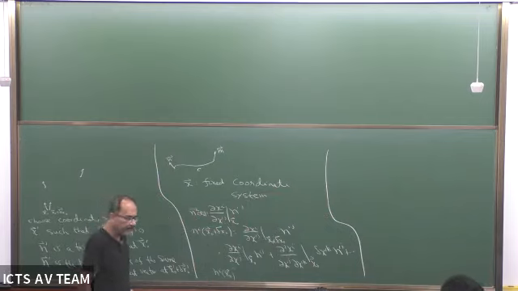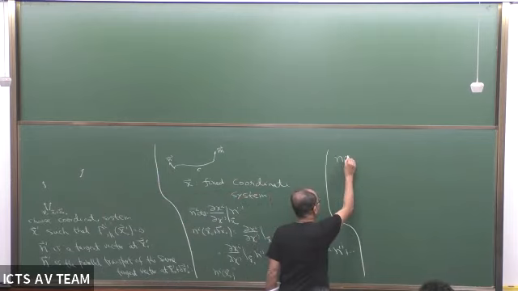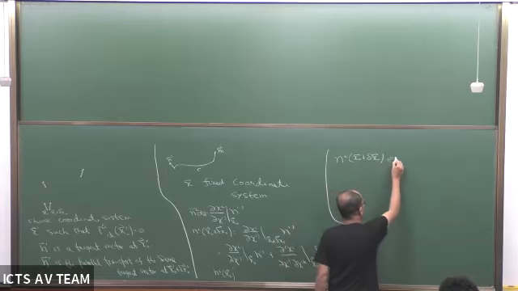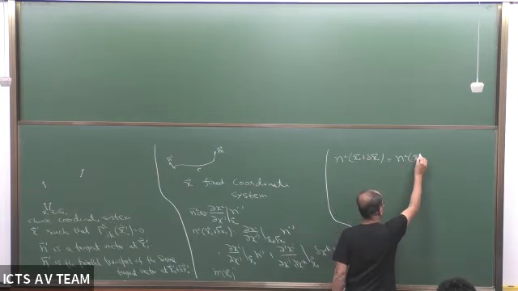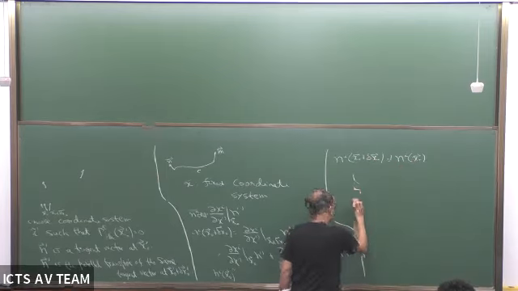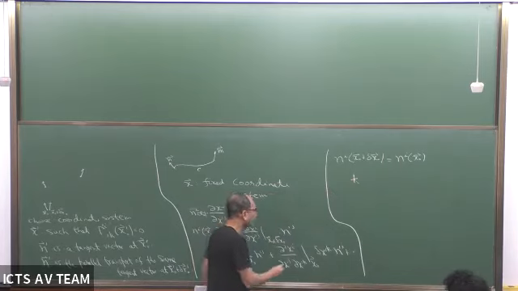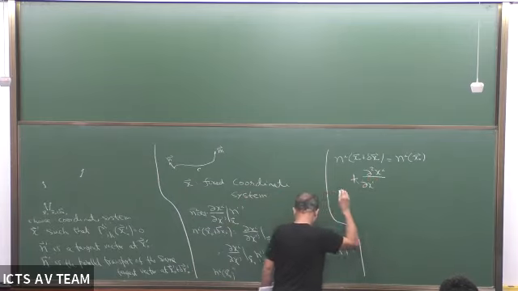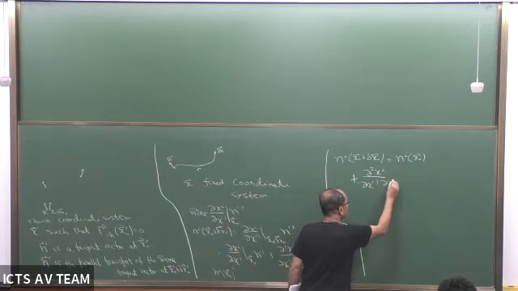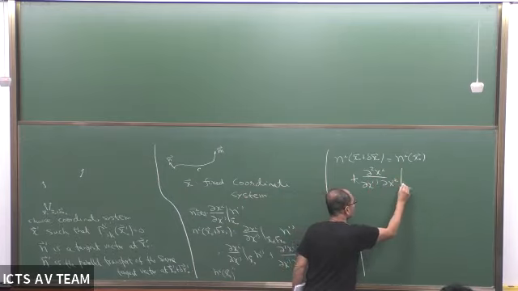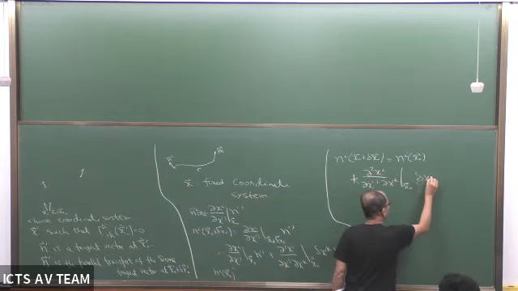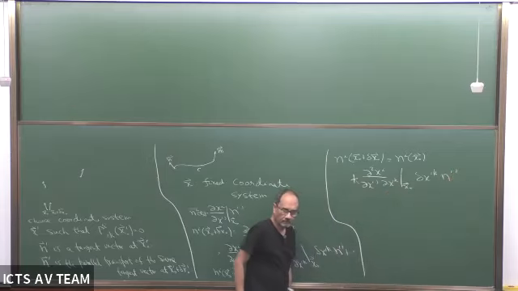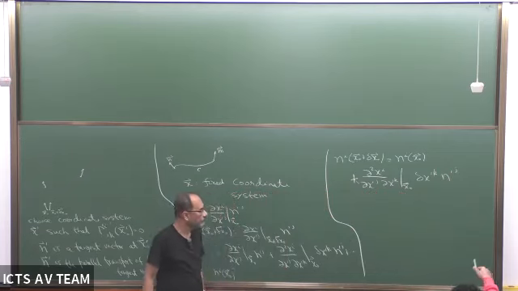Is this clear? So this tells us that n i at x naught plus delta x naught is given by n i at x naught plus this quantity, or also at x naught.